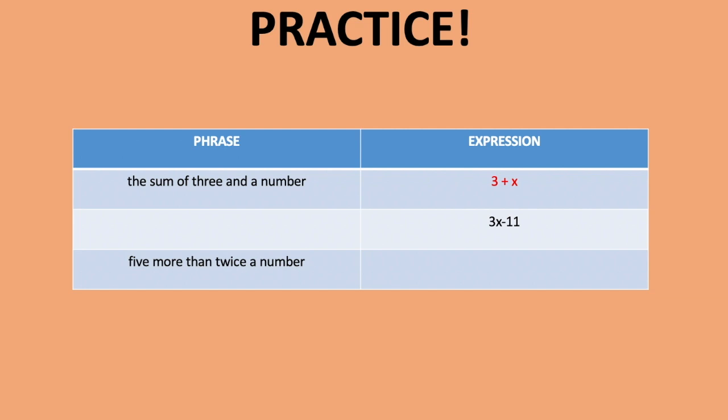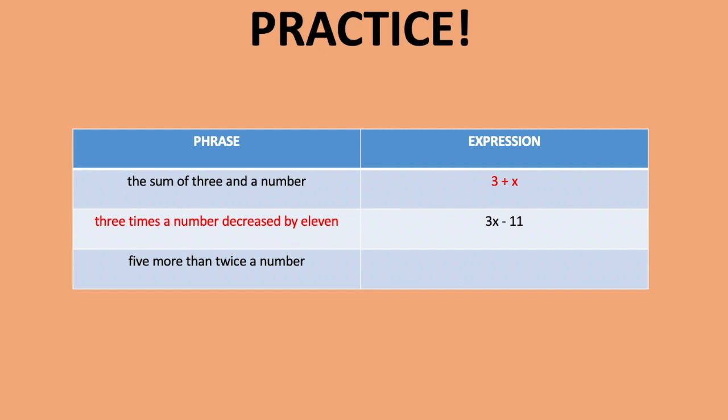I'm going to say 3 times a number, which is a general phrase you can use when you want to signal an unknown. Then I can pick any of the words from the chart to say minus 11. I'm going to say decreased by 11. So we have 3 times a number decreased by 11.